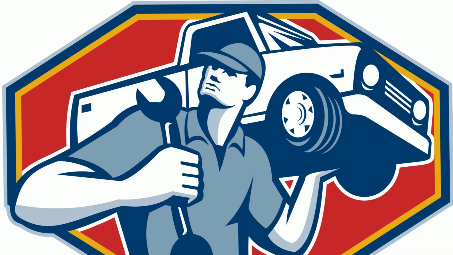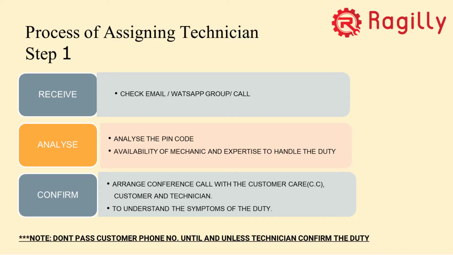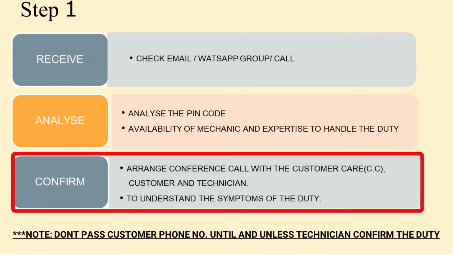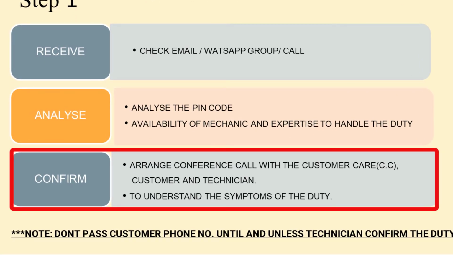So once we finalize all these things, we will sort out who is going to do these duties, and then we are going to arrange the con call with CC, that is customer care, the customer and the technician, right?